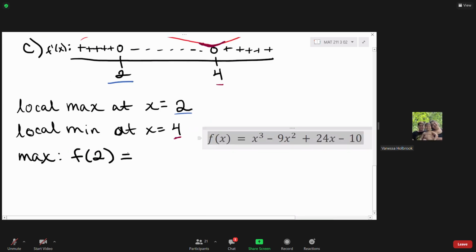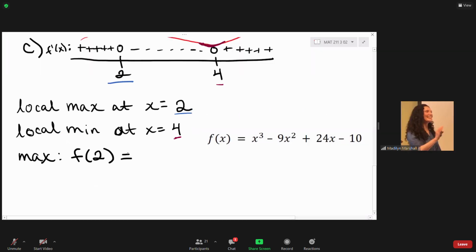Then we just plug and solve. Right, exactly. A lot of times people will forget to find the y value, but that's actually what the maximum is. So f of 2 is 2 cubed minus 9 times 2 squared.